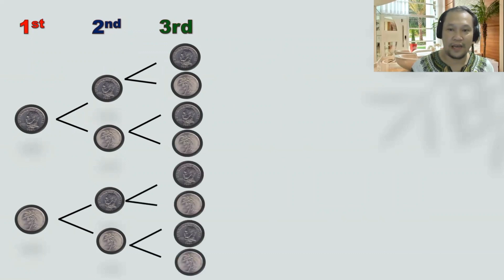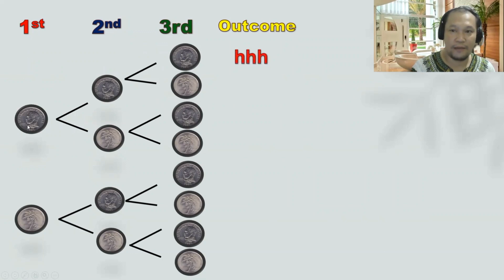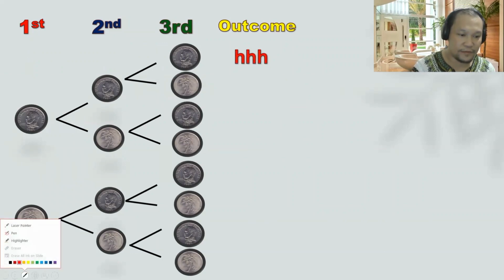Now, from the given diagram that we have, we can determine what our outcomes will be. Looking at the given illustration, we have head, head, and another head. We also have head, head, tail.